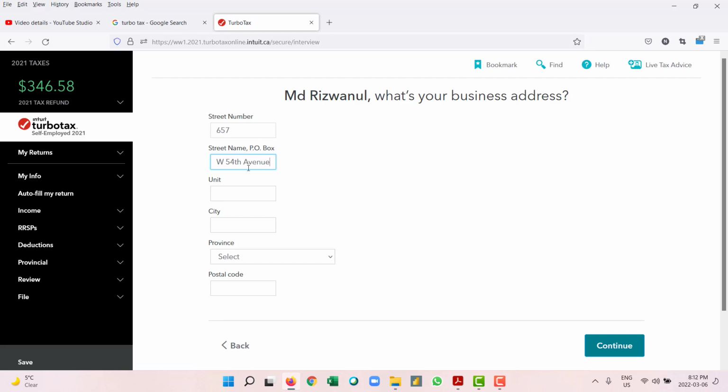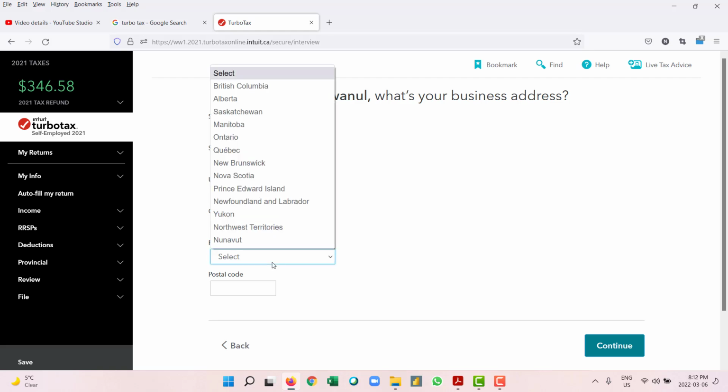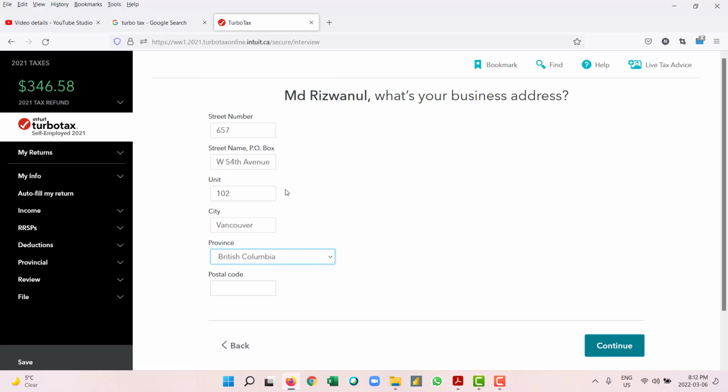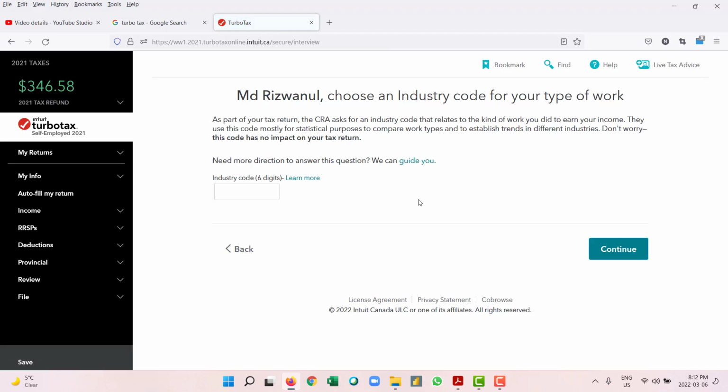Unit 102. City is Vancouver, and the province is British Columbia. Postal code is V6P 1B. Okay, I'm done. Click next.